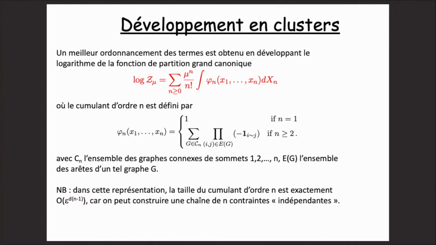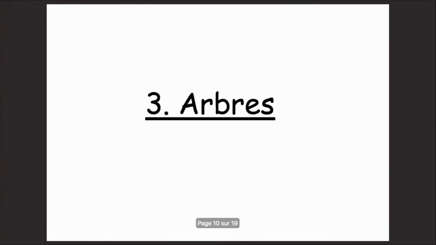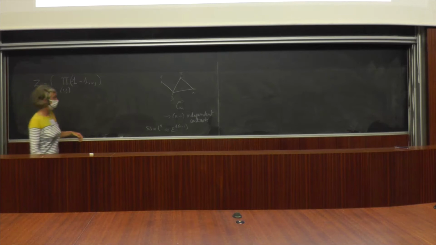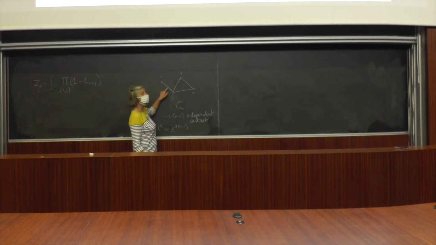So now you need to be a bit more subtle, and that's what I would like to explain here: how you can be a bit more subtle. Also remember that, of course, you have all possible graphs, but you have signs. Each time you have an edge, you have a minus sign.